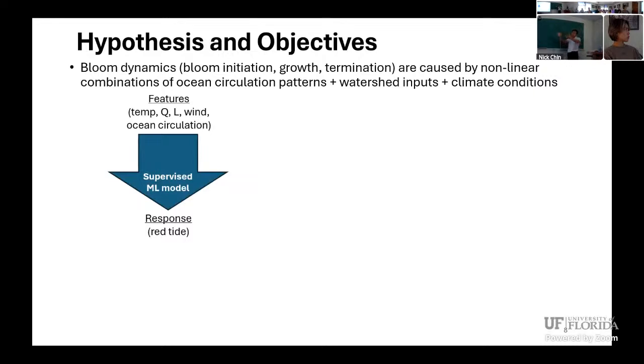That kind of summarizes some of the previous work, where you were feeding in some of these features of temperature and stream flow and loading and wind and ocean circulation patterns, and trying to map that relationship to red tide concentration. And we've produced high R squareds and F1 scores, but things like that, alongside feature importance, are not necessarily causality, right?